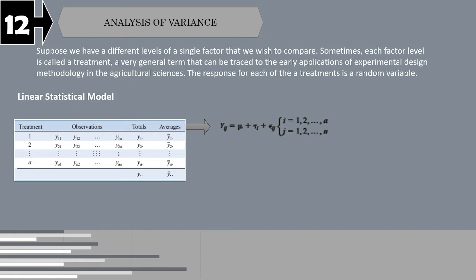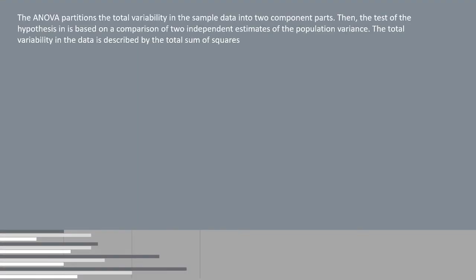At itong model na to, pwede rin isulat ng ganitong paraan, which is mean of each value plus the error. At malalaman natin ang expected value of the treatment sum of square. The ANOVA partitions the total variability in the sample data into two component parts.